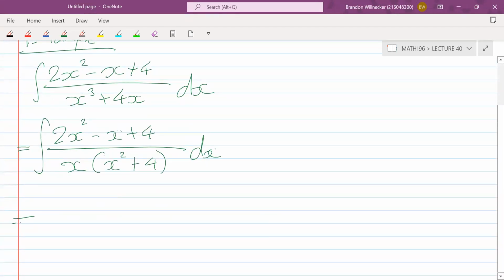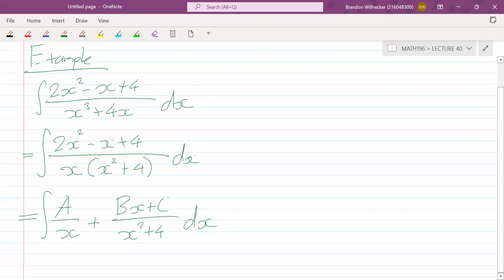Okay, so how do we separate this out? The first term is linear, so it's just going to be A over x. The second term in the denominator is quadratic, so it's going to be (Bx + C) over (x² + 4).